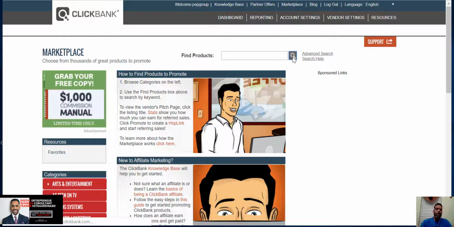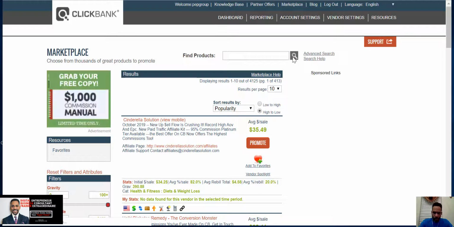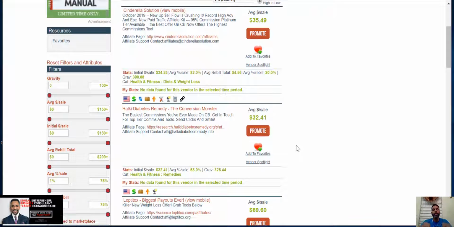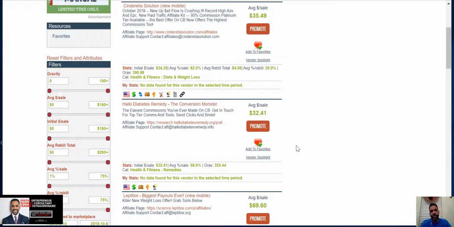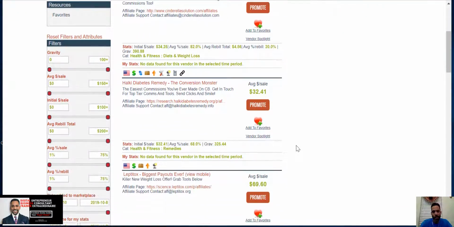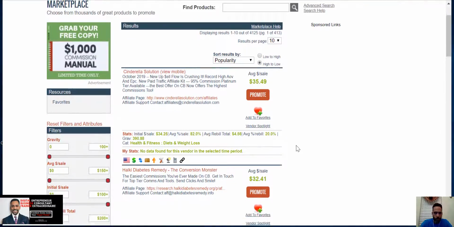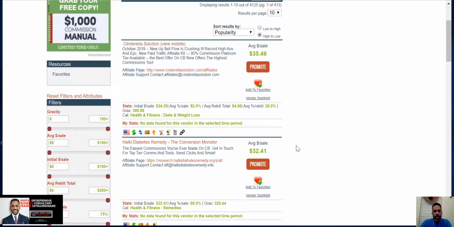All right, so in this particular marketplace, if I hit the magnifying glass, there's a couple of tricks to the marketplace. By hitting the magnifying glass, I immediately go into the actual products that are popular, if you will. If you notice right here, it says sort results by popularity. Now, if I scroll through, of course, there are a lot of different offers that currently exist.